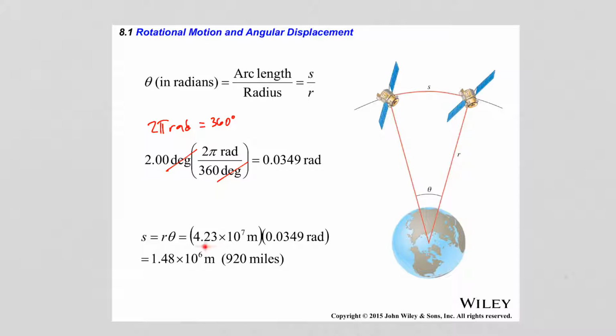So that is 4.23 times 10 to the 7th meters times 0.0349 radians, or that is equal to 1.48 times 10 to the 6th meters. Remember that radians are dimensionless units, and so the arc length is supposed to be in units of meters, and radians are not affecting that because, again, that is a dimensionless unit.